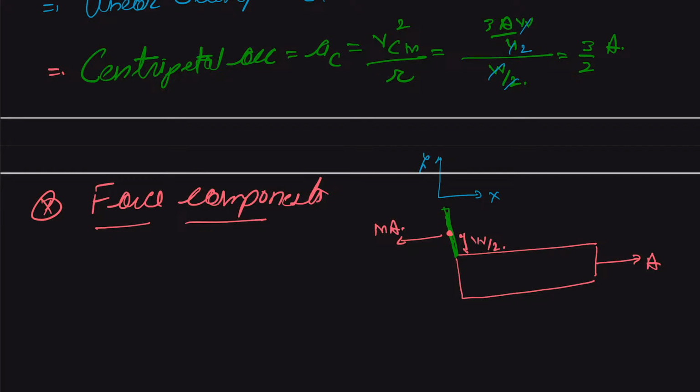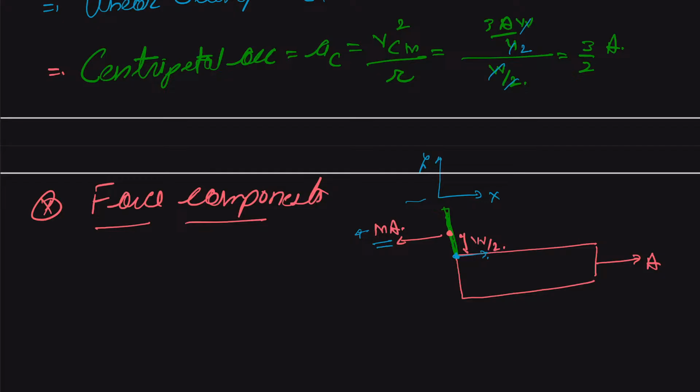So along the negative x axis there is only one force, and the hinge should be applying a force which is equal to our ma and in the opposite direction. Okay. So that will be our reaction force in this direction.